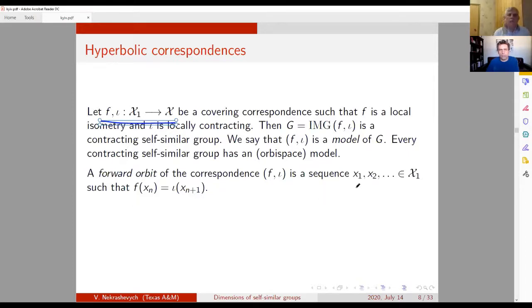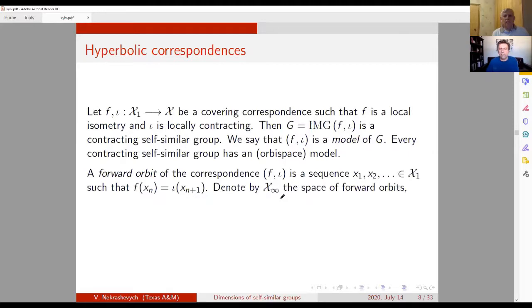Okay, if you have such a covering correspondence, you can sort of iterate it. At least you can talk about orbits. So a forward orbit is a finite or infinite sequence of points of X1 such that F of x_n is iota of x_{n+1}. Again, if you imagine that iota is identity, it would just be the forward orbit, F of x_n is x_{n+1}. But here we have more freedom in choosing iota, so we have this condition.